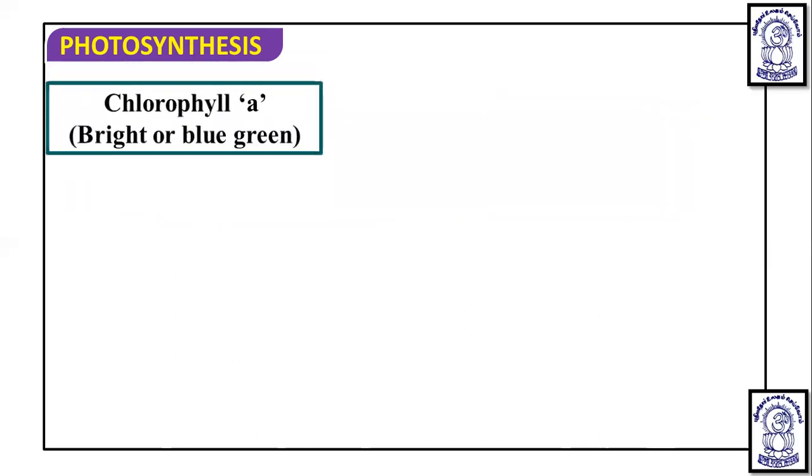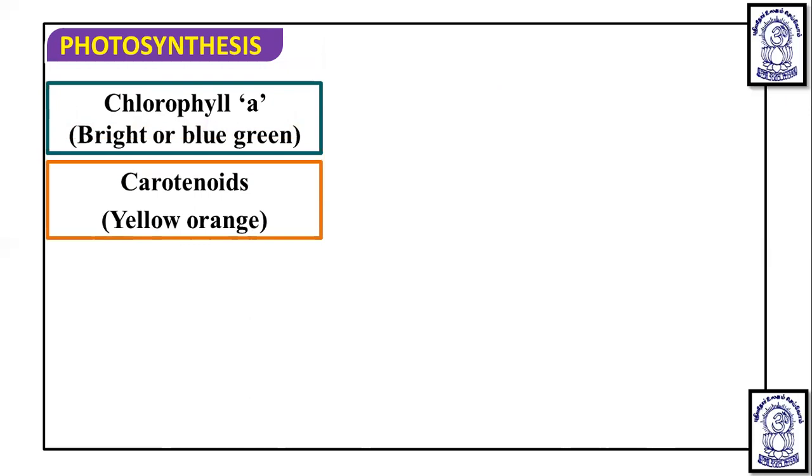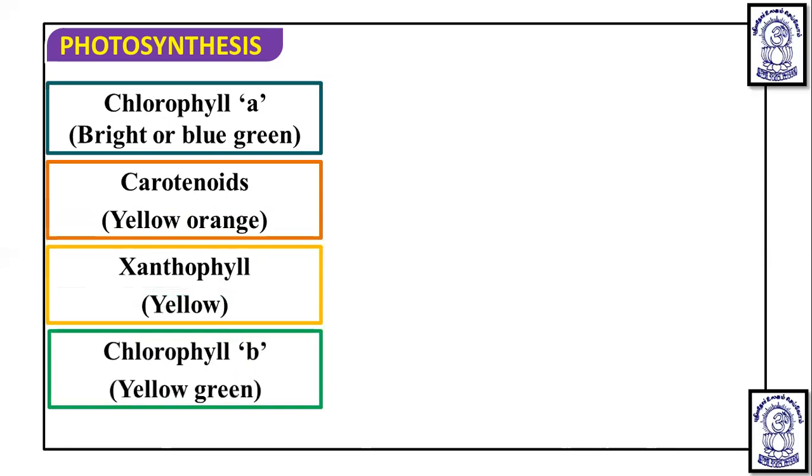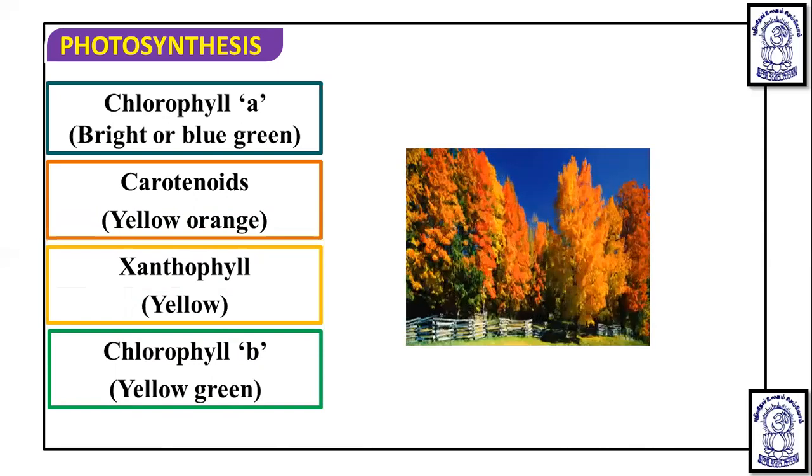These four leaf pigments are chlorophyll A, which is bright green or blue green in color, carotenoids, which are yellow orange, xanthophylls, which are yellow, and chlorophyll B, which is yellow green.